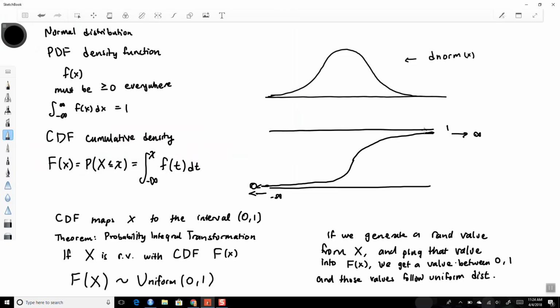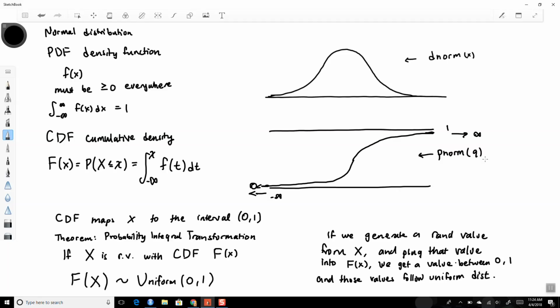So what is the cumulative density function for the normal distribution in R? You guys know this, right? It's called pnorm. You've never used pnorm? You have, okay.